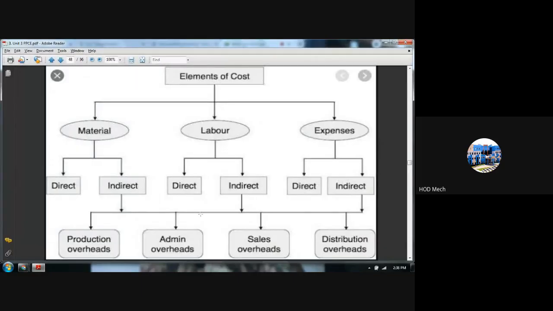Indirect costs are those costs which are imposed as a hidden one. It is not directly affecting your product, but it is mandatory. It will be affecting in an indirect way. Right? So when you go for indirect, you have four subdivisions: production overheads, administrative overheads, sales overheads, and distribution overheads. In the classification question, it comes under 8 marks.